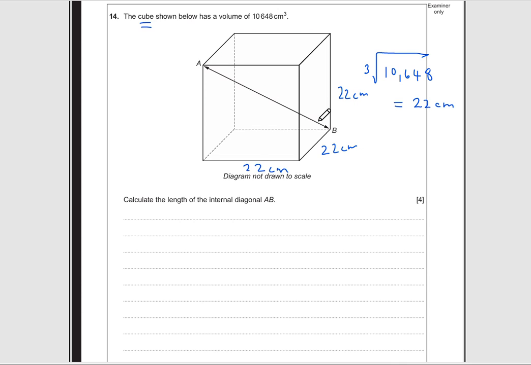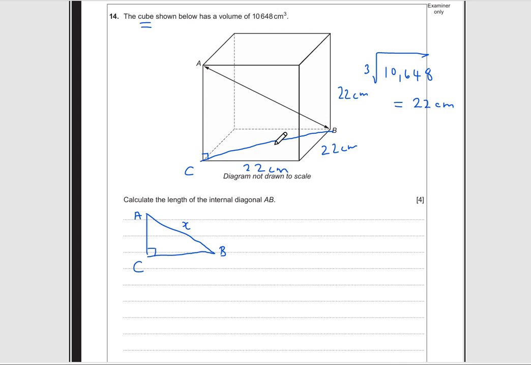Okay, and we want this internal diagonal here. We could do with just working out an interim step. So if we call this point C, we've got this triangle here. And this is what we want to work out here, this length AB.